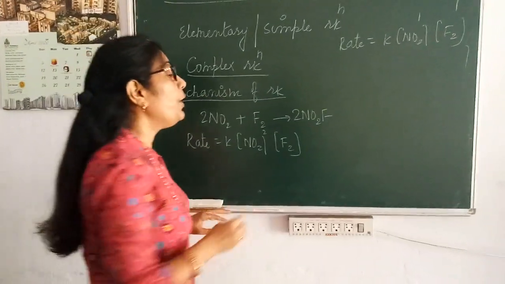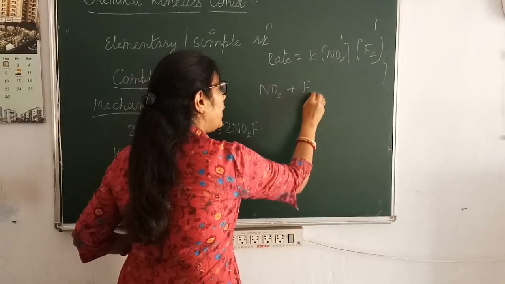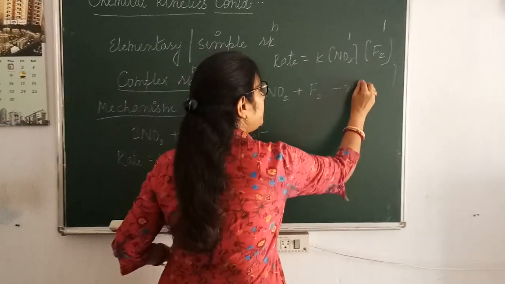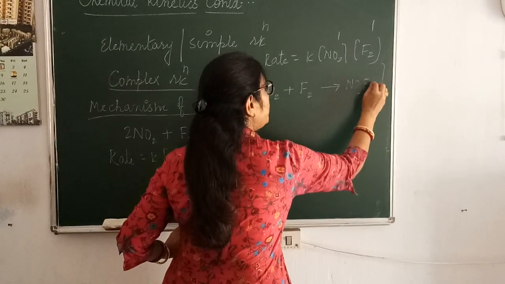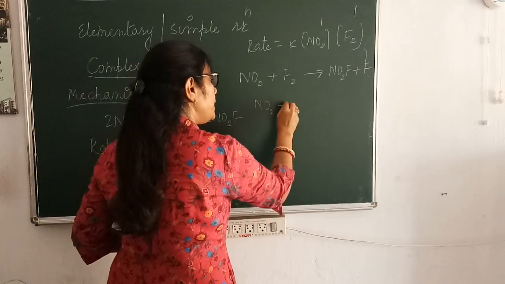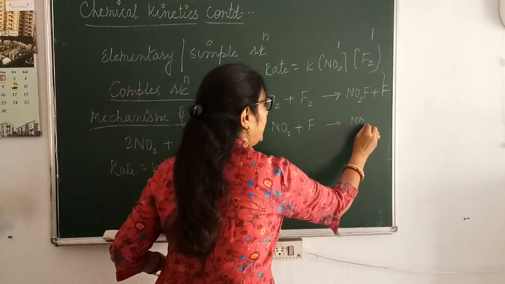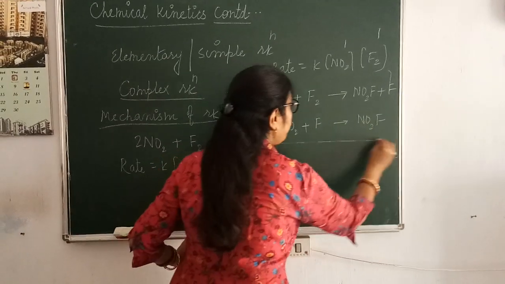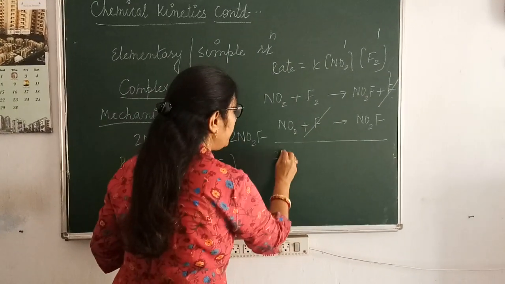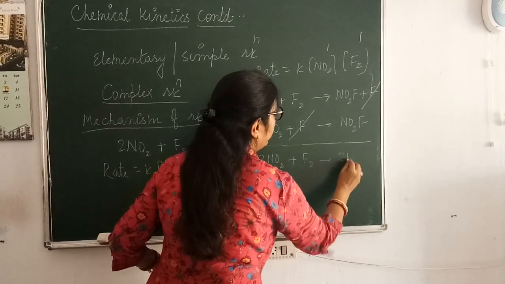For this we are going to see the mechanism of the reaction. First step, NO2 combines with F2 and it gives NO2F plus F. Second step, a second mole of NO2 combines with this nascent fluorine and it gives NO2F. Now this gets cancelled and you get the same overall reaction.